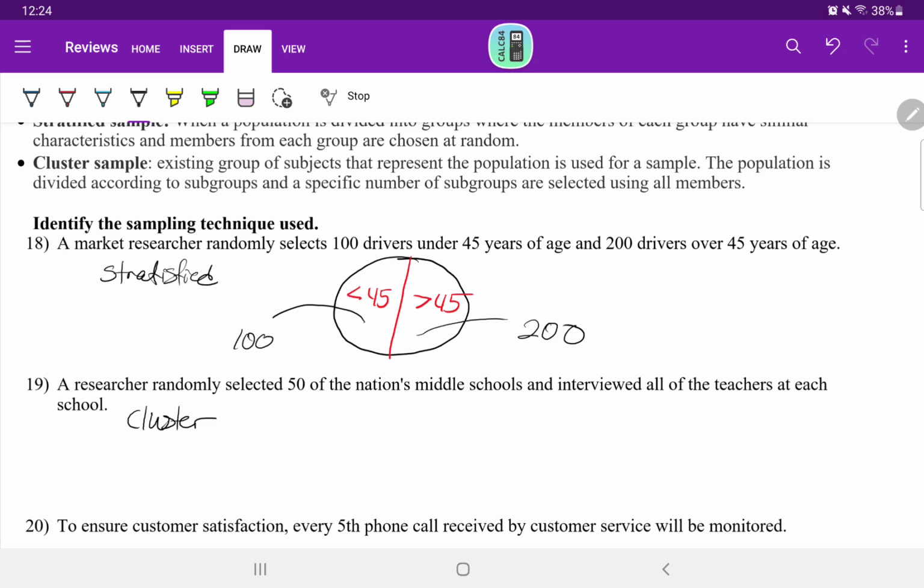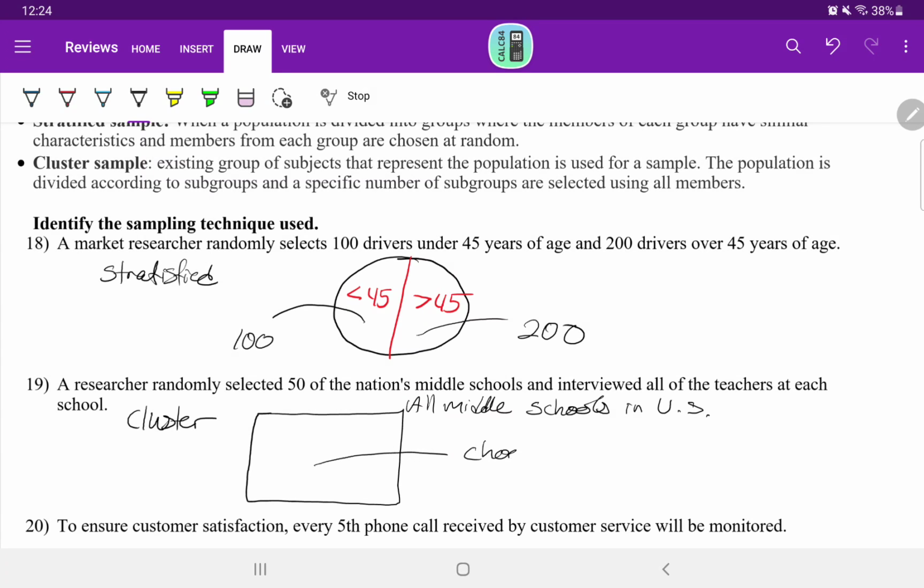Let's say right here, this box right here contains all middle schools. In the US, which is probably millions. You're picking 50. You're choosing 50 middle schools.